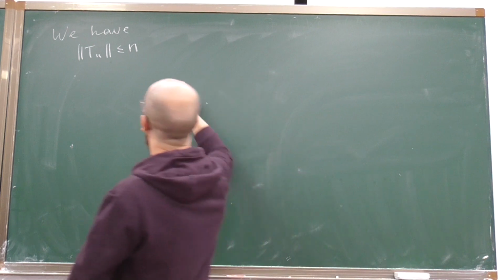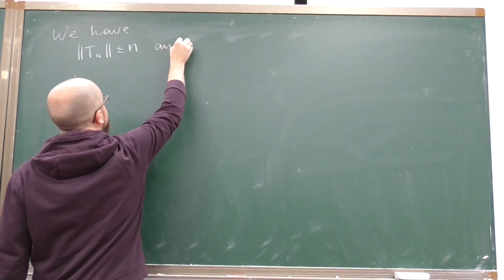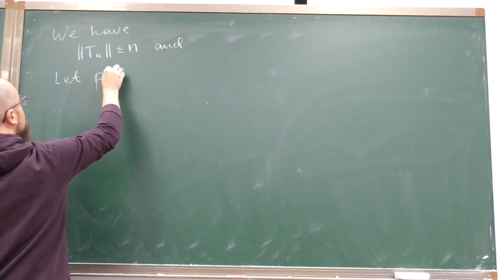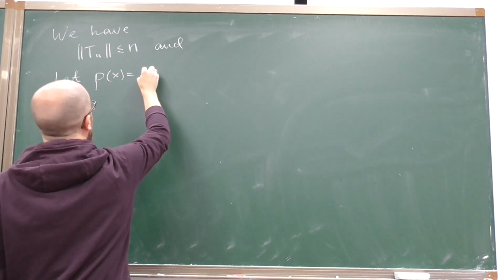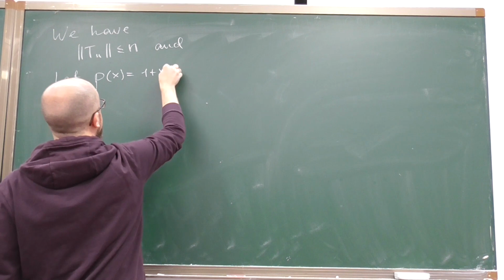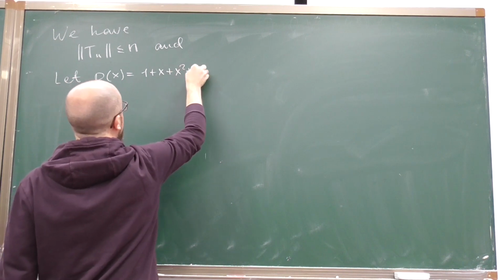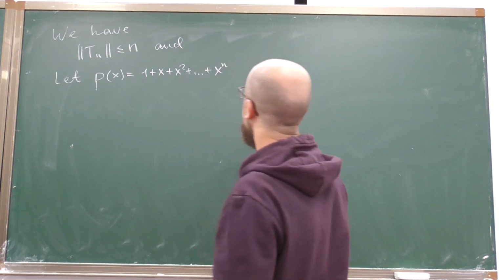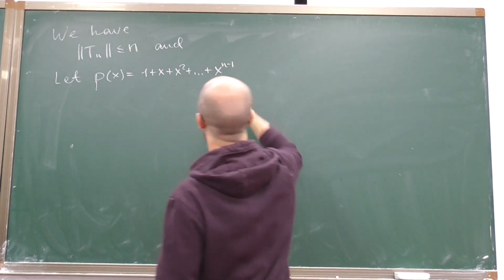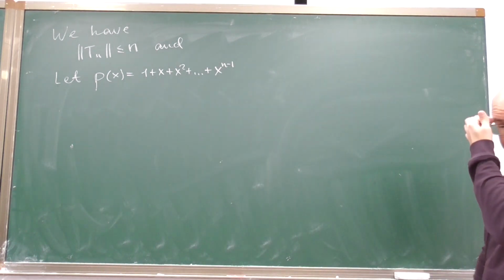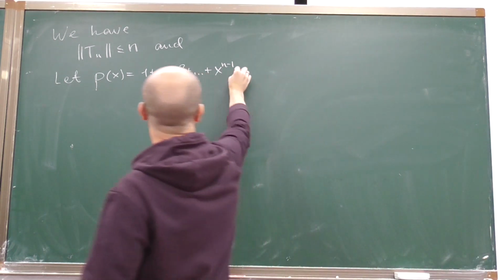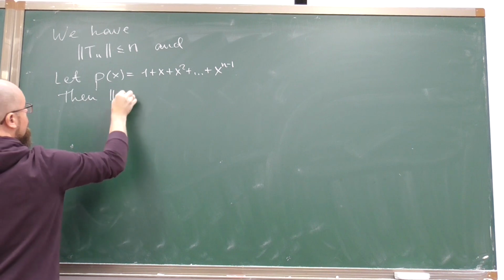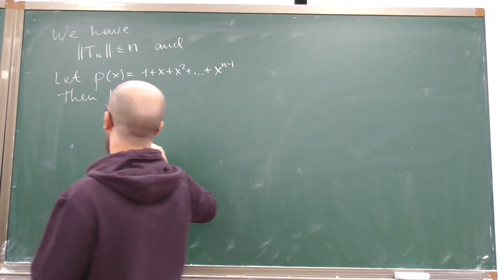Let us take a polynomial which equals 1 plus x plus x squared up to x to the n minus 1. Then what is the norm of p?